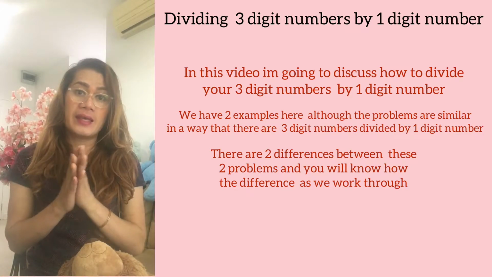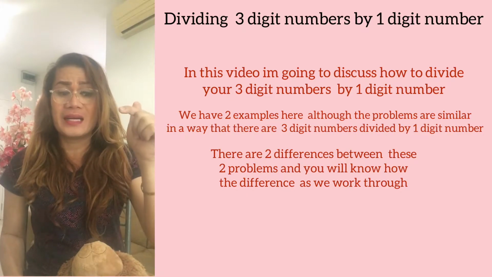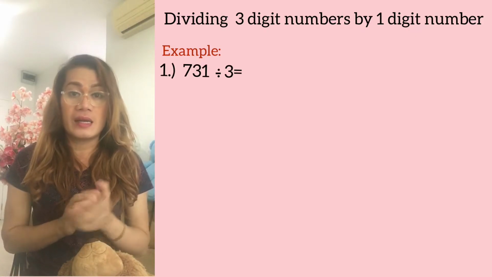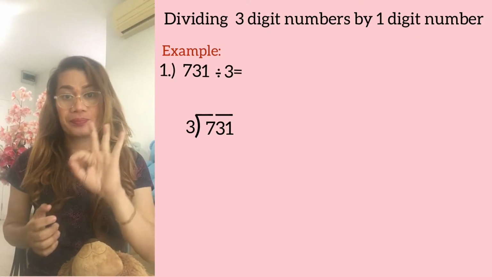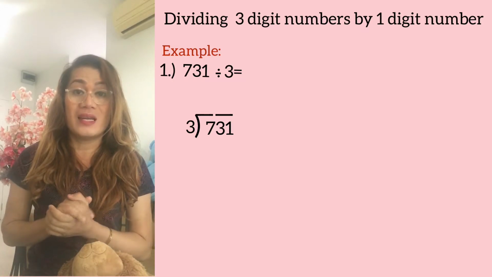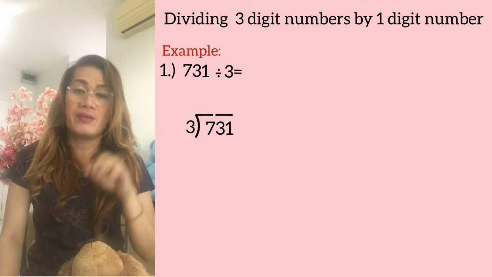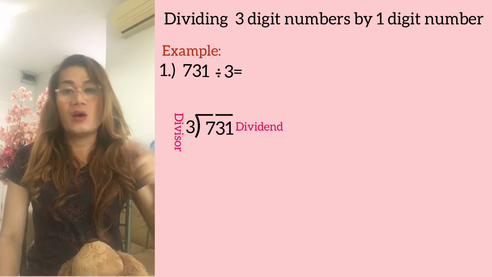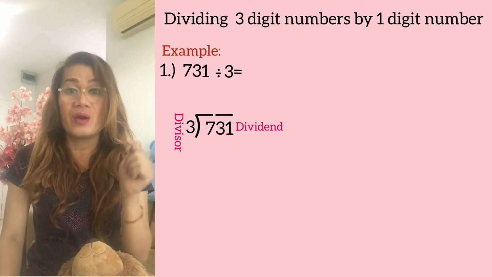This is our first example: 731 divided by 3. Always remember that 731 is our dividend and 3 is our divisor. On the top is our quotient or answer.